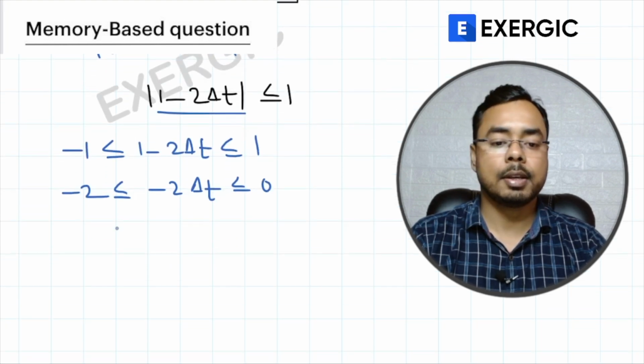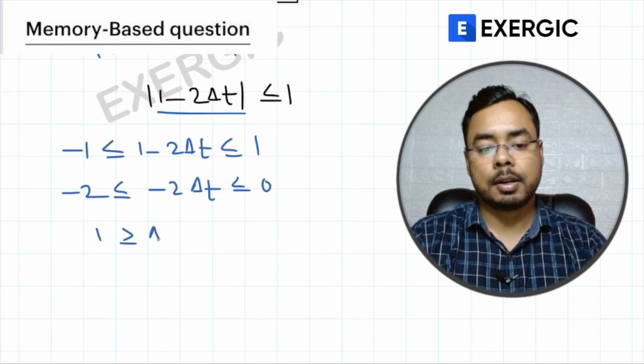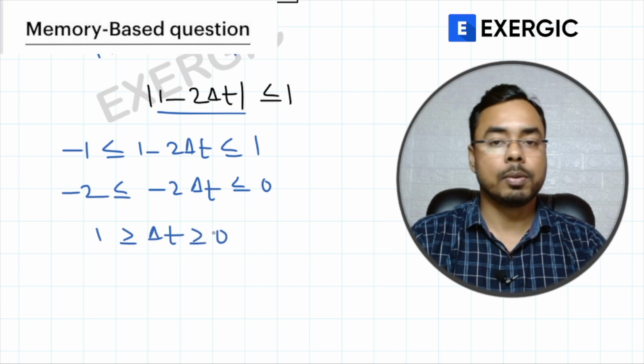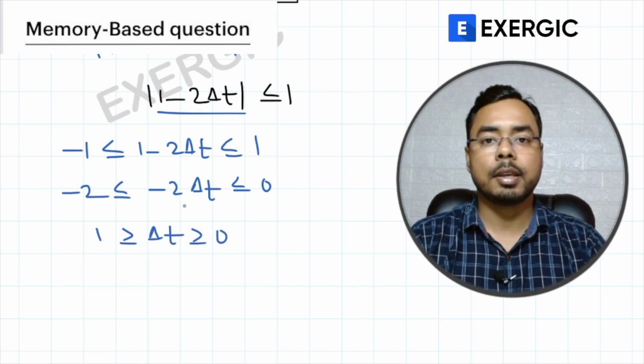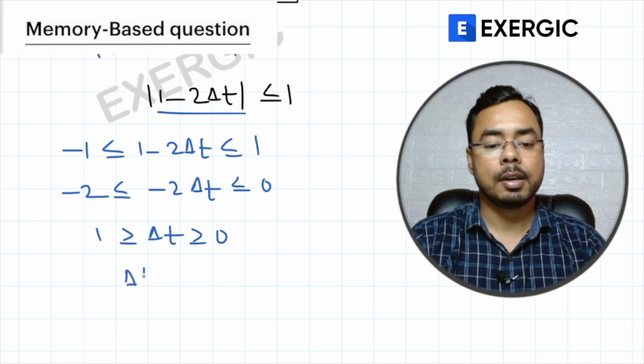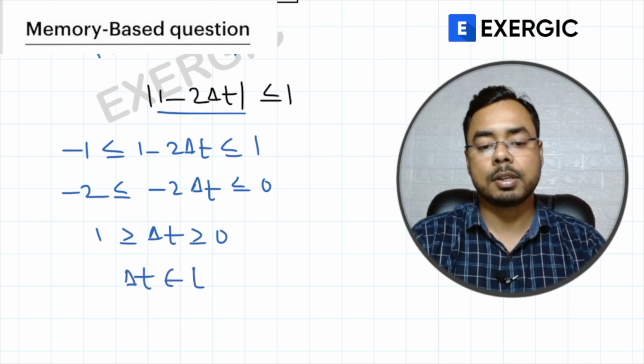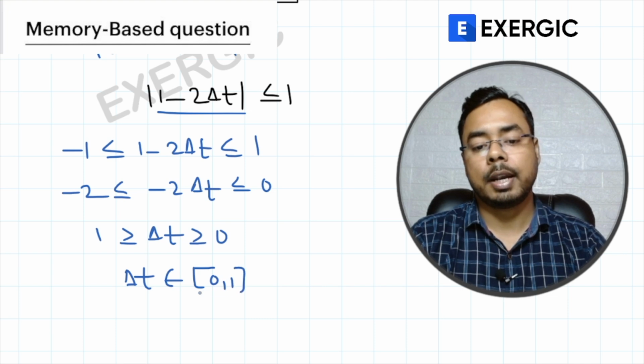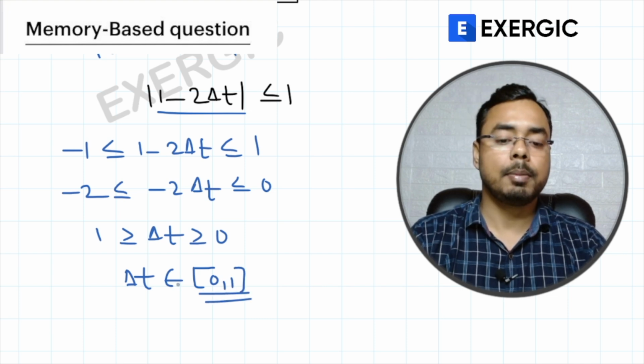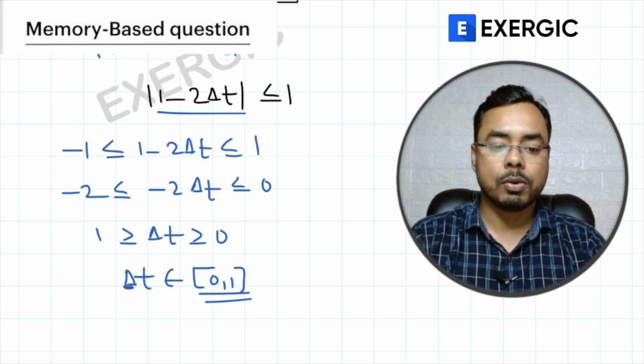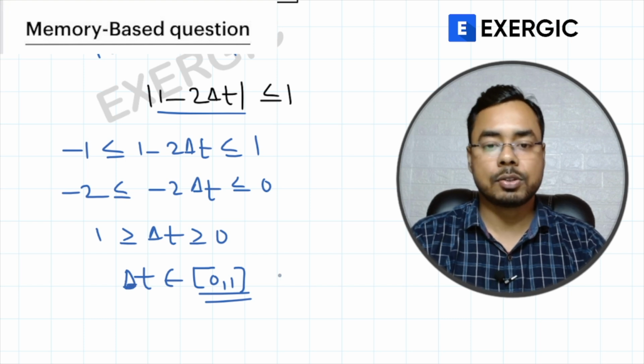If I divide by minus 2, I will get delta t between 0 and 1. When we divide by a negative number, we have to change the sign of the inequality. So the condition for stability is that the minimum value of delta t is 0 and the maximum value of delta t is 1, right?